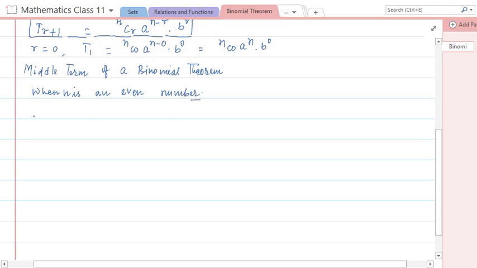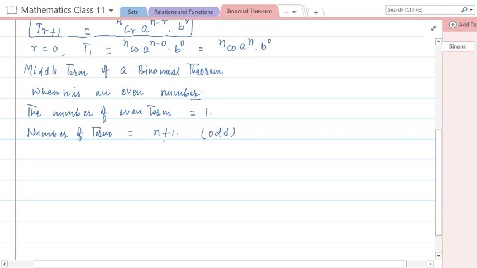When n is an even number, the number of middle terms will be 1. Suppose n is an even number, so the number of terms equals n plus 1, and n plus 1 will be odd.